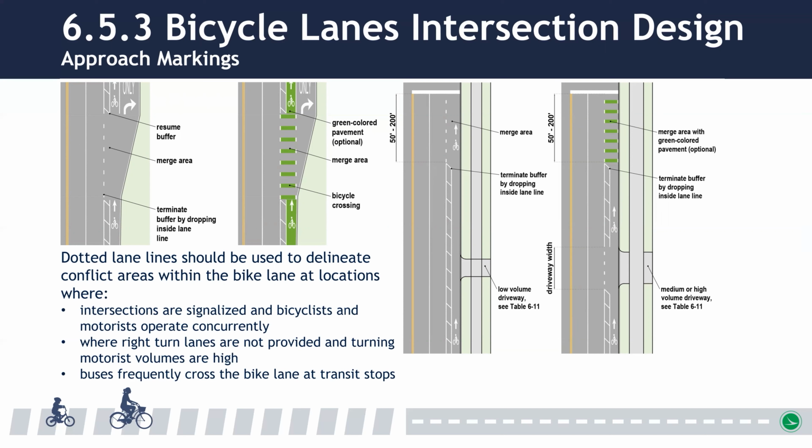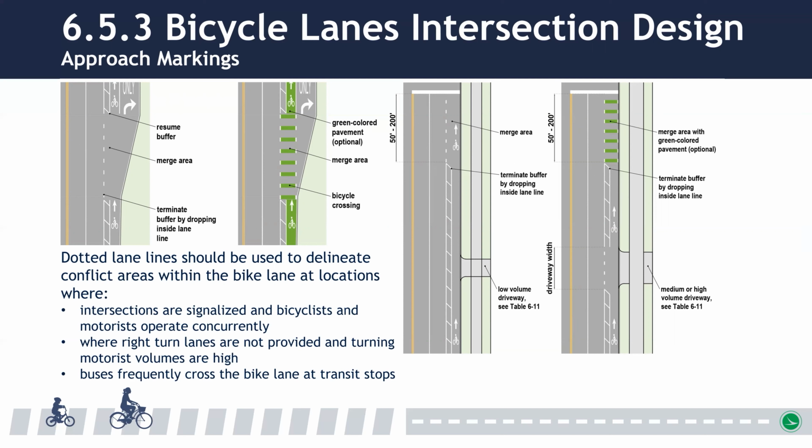The choice between a solid or dotted lane line should be based on several factors, including the speed and volume of turning vehicles, the presence of bus stops and the frequency of that transit use, and the types of vehicles that may cross or enter the bike lane.